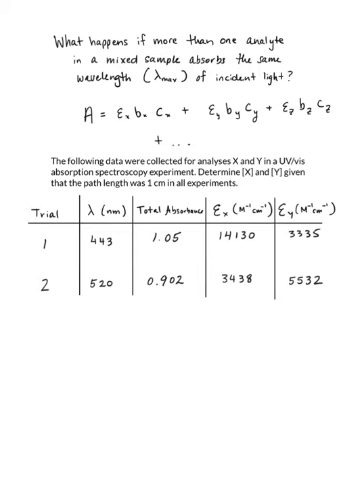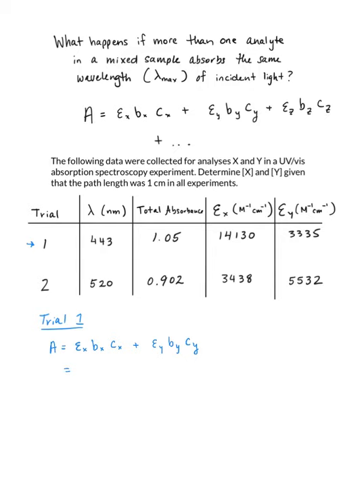We know that at one set of conditions, our first trial, we have a total absorbance, a molar absorptivity corresponding to analyte X, and a molar absorptivity corresponding to analyte Y. Thus, the total absorbance for trial 1 must be equal to the molar absorptivity of X times the path length for X times the concentration of X plus the molar absorptivity of Y times the path length of Y times the concentration of Y.